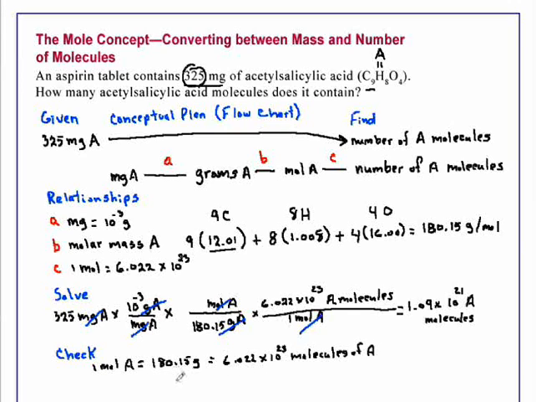But we don't have that number of grams. We have 325 milligrams, which is 0.325 grams. Since this number is less, in fact significantly less than 180, we should have a smaller number than 6.022 times 10 to the 23rd molecules.